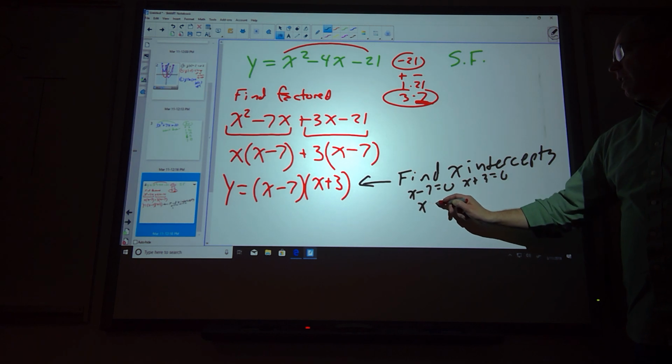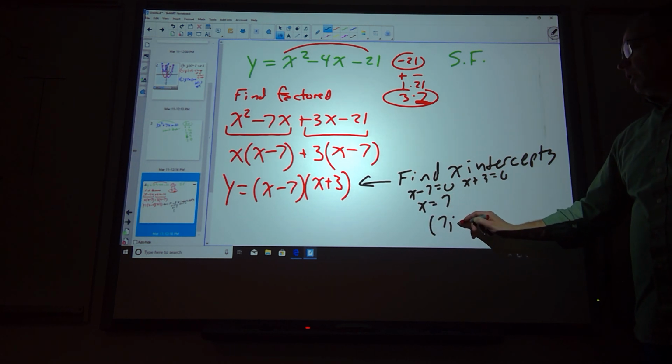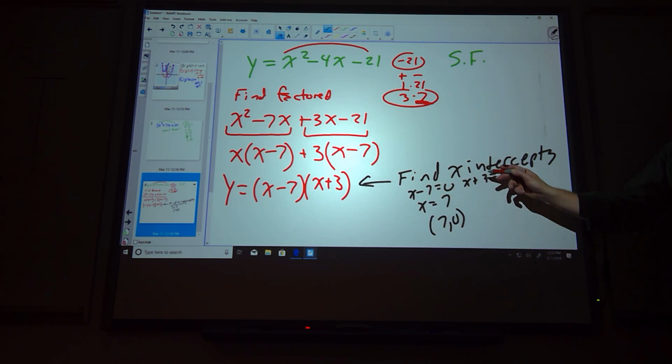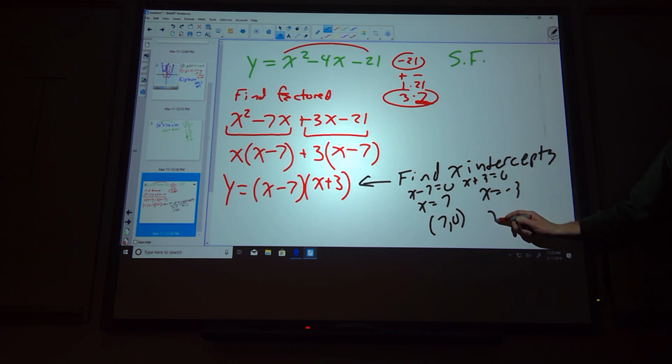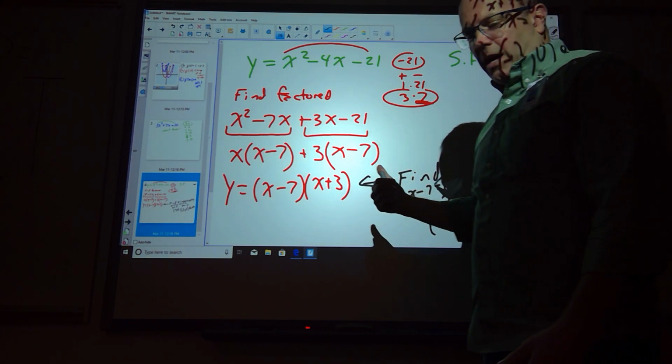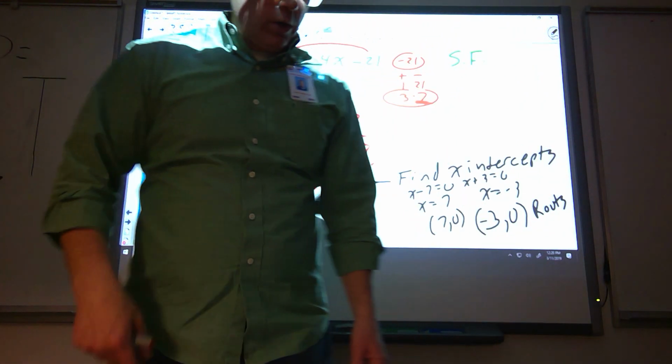So that gives me 7, so that gives me the point 7 comma 0. That's a root, an x-intercept. And this is going to give me negative 3 if I subtract it. So I wind up with negative 3 comma 0. So these are my roots. I can see them. They exist on my graph. Okay, so if it factors, we can find the roots.